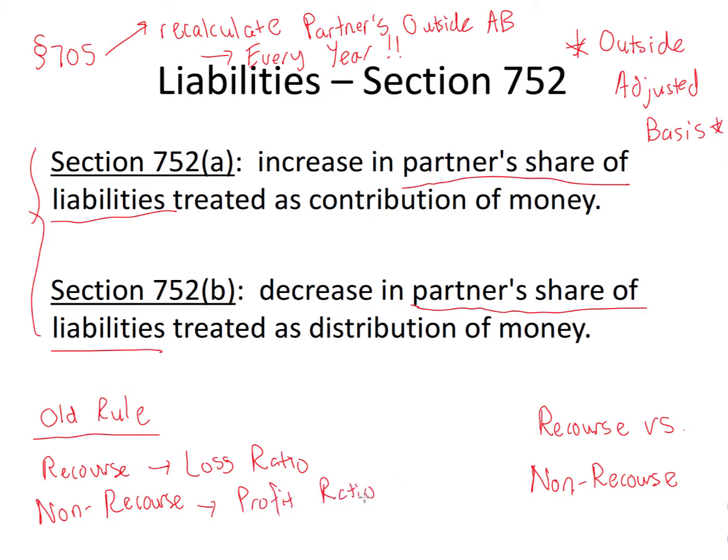Okay? And why do we use loss for recourse and profit for non-recourse? Well, if you think about it economically, let's say you're a partner in a partnership, and let's take non-recourse. You are not personally liable for guaranteeing a loan beyond your investment. Let's say a partnership buys a piece of property for $100,000, and they borrow all $100,000 on a non-recourse basis.